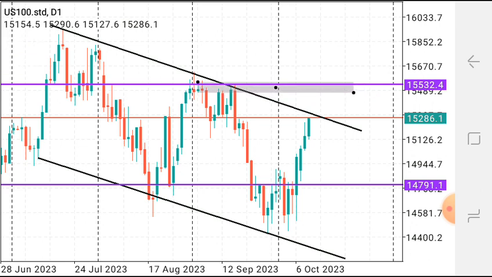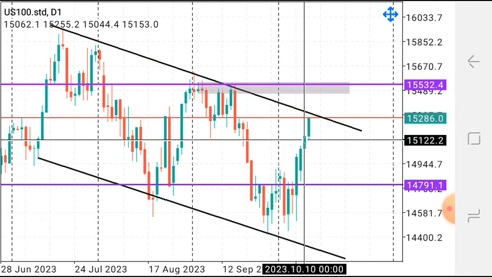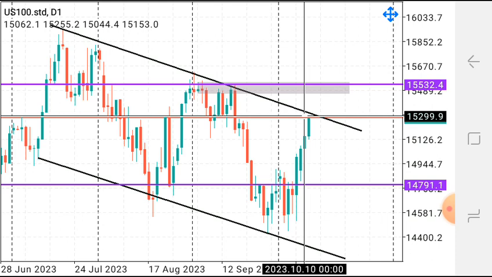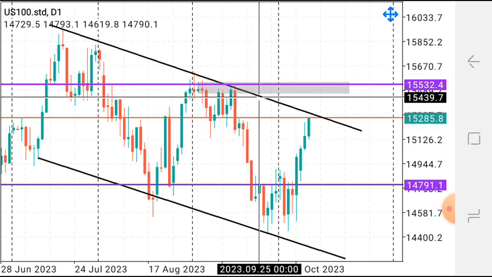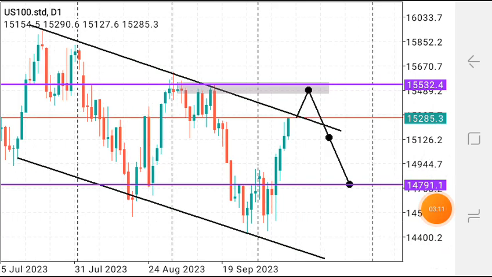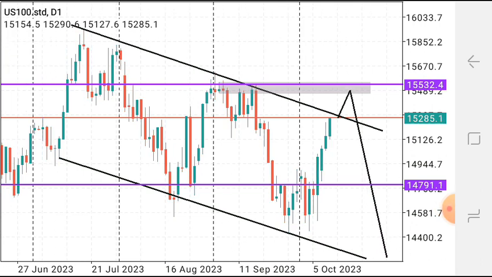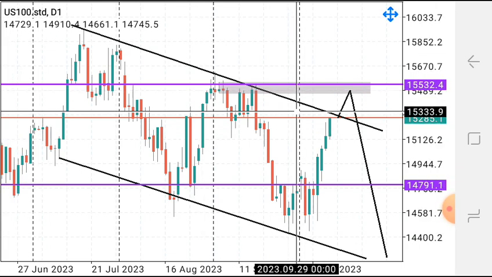I think we're approaching that one. So the Nasdaq has been doing well for the recent days. It's been bullish. Nasdaq has been up, but overall it's still on a downtrend. So with that said, something like this could happen, and potentially we could drop further to this support trend line.